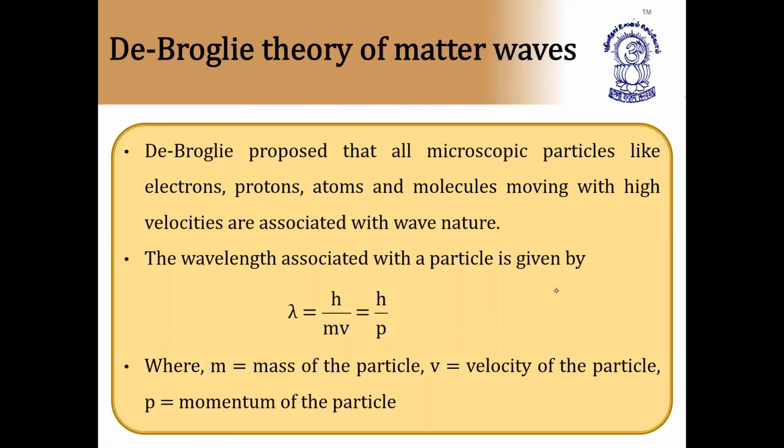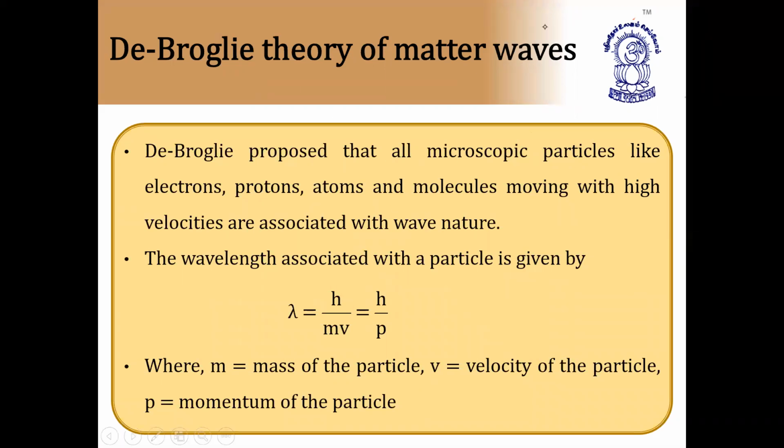Now the next concept is de Broglie theory of matter waves. He proposed that all microscopic particles like electrons, protons, atoms, and molecules are moving with high velocities. Here, very important is high velocities. Underline these high velocities.